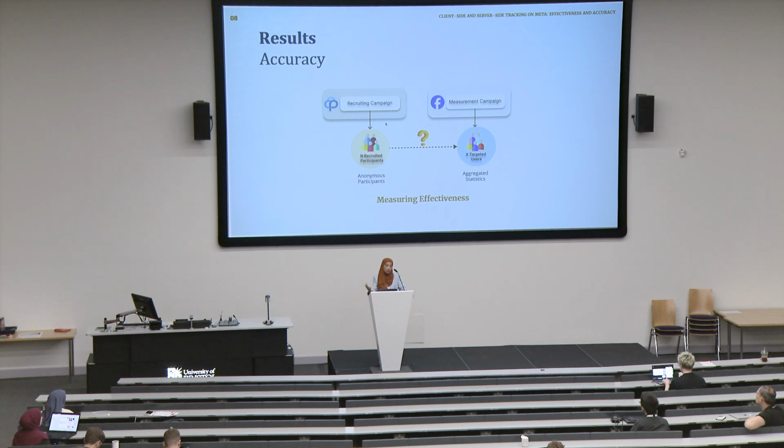In the measurements that we had, we only see aggregated statistics. That means that I cannot know who the profiles are that are seeing my ads. So to know the accuracy of the Conversions API, you need to know who the users are who are seeing your ads to verify that they're the same users who accessed your website.